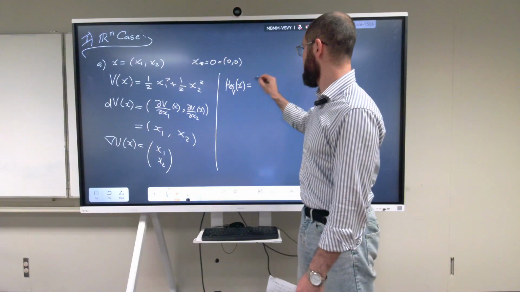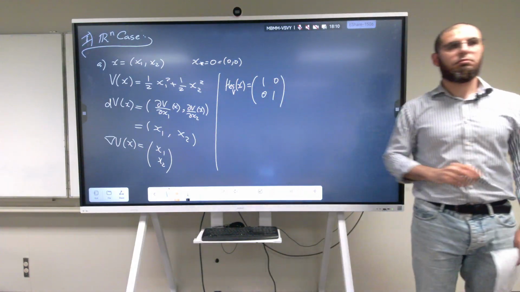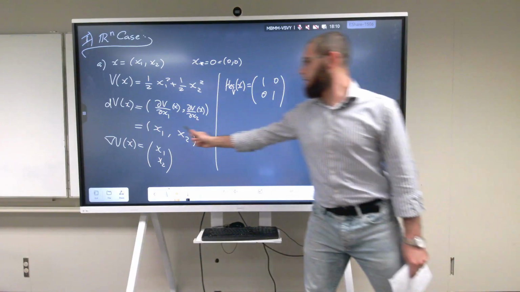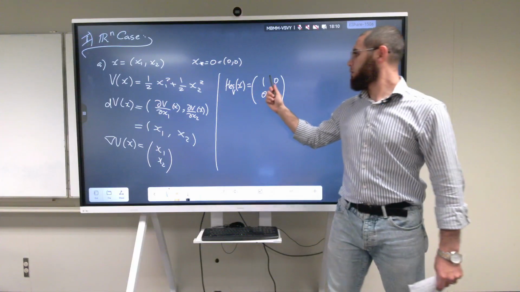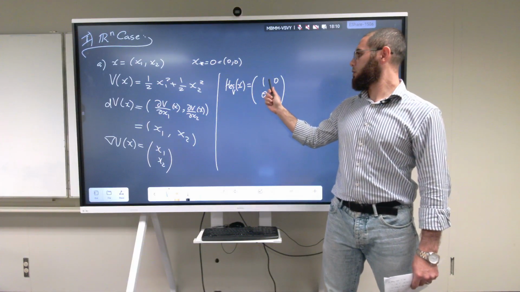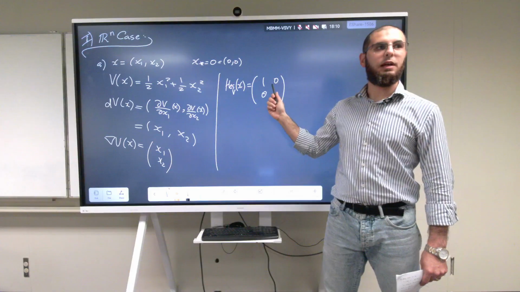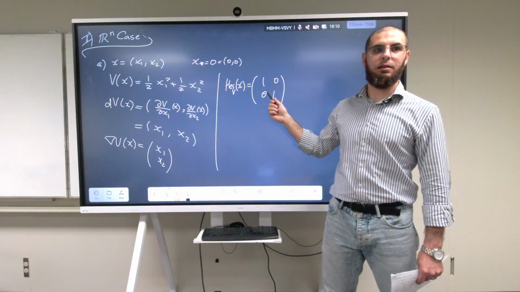So what do you get? 1, 0, 0, 1. The derivative of this with respect to x1 is 1. Is it this one or that one? It won't matter, because actually the Hessian is symmetric.